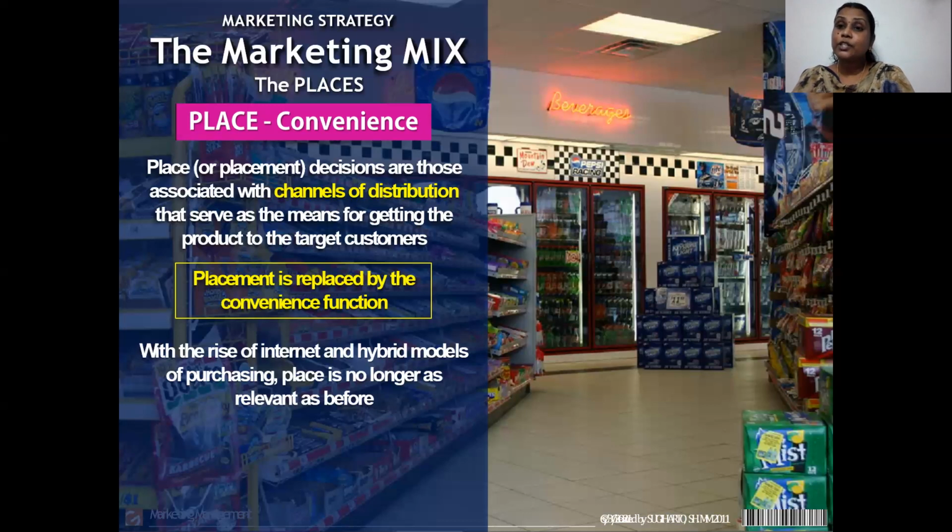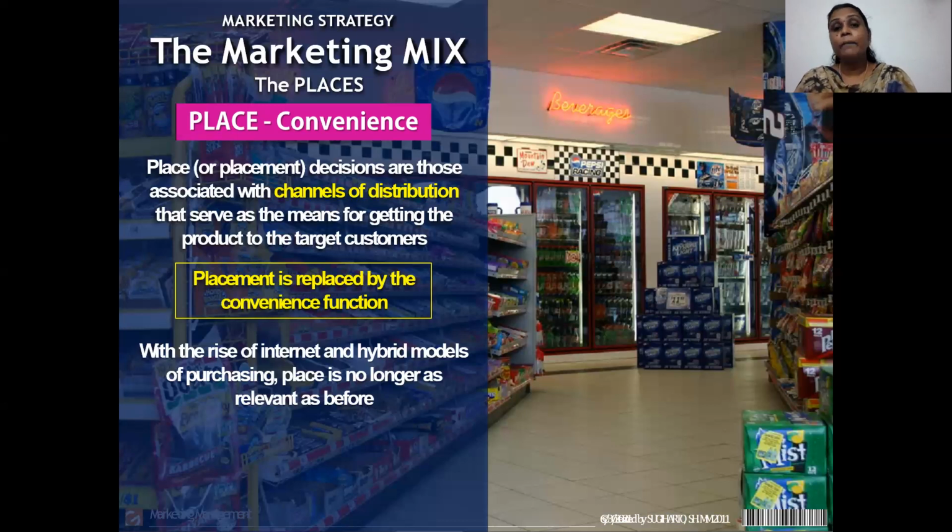Then naturally the substitute product will become the target product at that point of time. So whenever a customer comes to you for a particular product, the manufacturer has to ensure that the products are distributed, well placed and well available in all parts of the market for the consumer to get it at the time that he wants it.